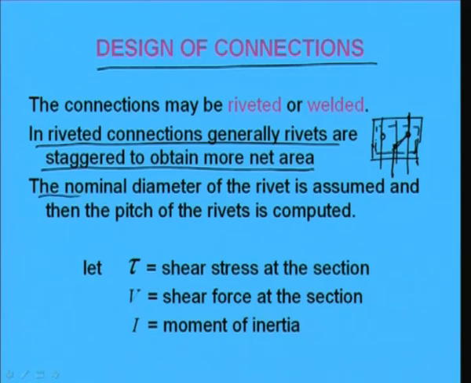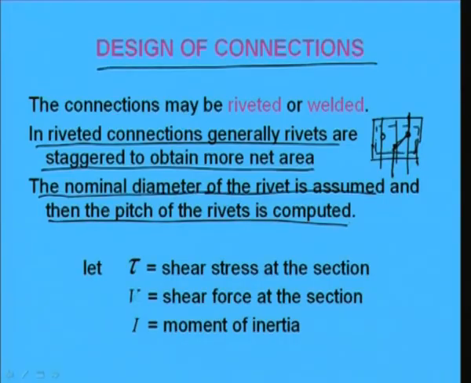Now, the nominal diameter of the rivet is assumed and then the pitch of the rivets can be computed. So, while designing connections, we can assume some nominal diameter, then as per the codal provision we can find out the minimum pitch. Okay. So, pitch also we can find out.